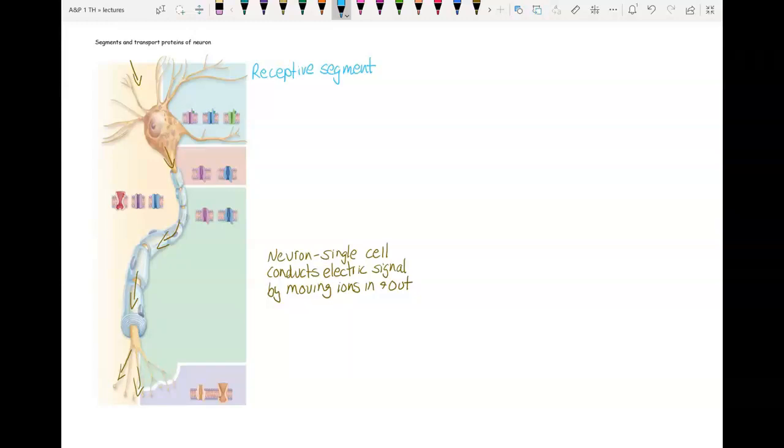So it receives the signal from another neuron. And that signal is in the form of neurotransmitter.